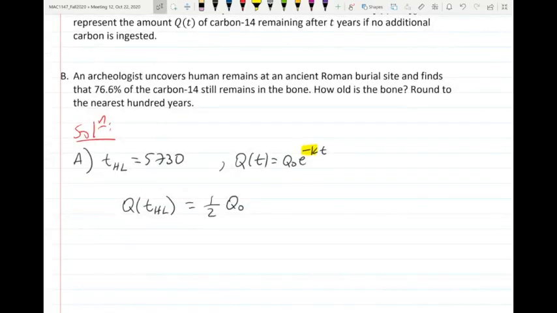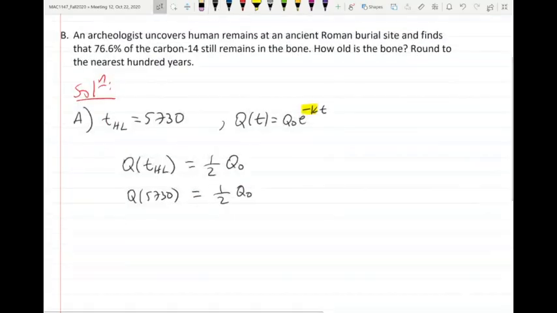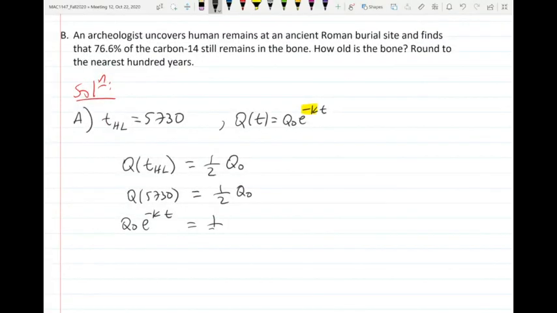So Q of 5730 equals 1/2 the original amount. This would be Q0 e to the negative kt equals 1/2 Q0. We don't need to know the initial amount because it cancels anyways.